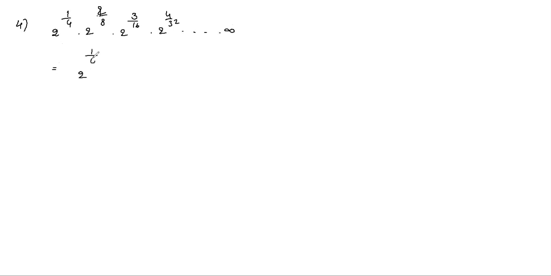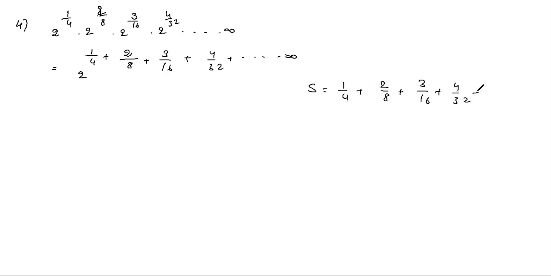So 1 by 4 plus 2 by 8 plus 3 by 16 plus 4 by 32 plus and so on up to infinite terms. The power is an infinite series, so first we find the power value. S equals 1 by 4 plus 2 by 8 plus 3 by 16 plus 4 by 32 plus and so on.